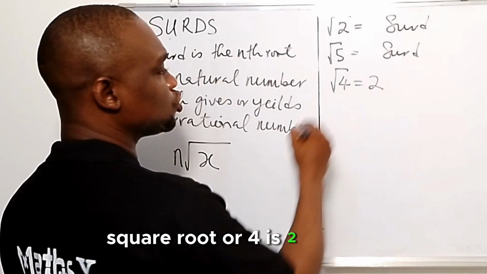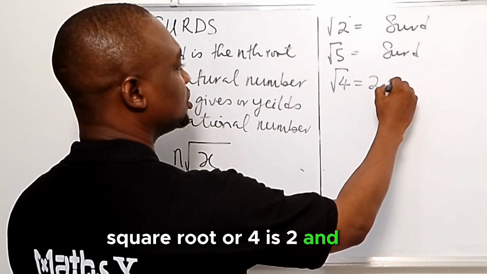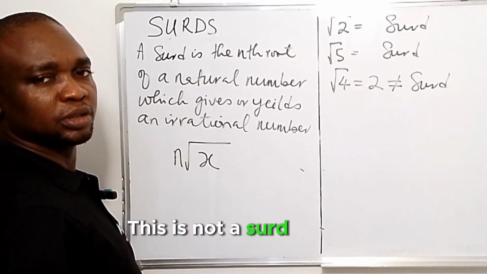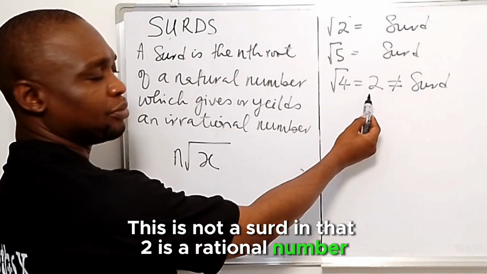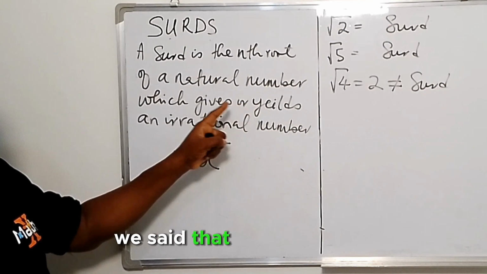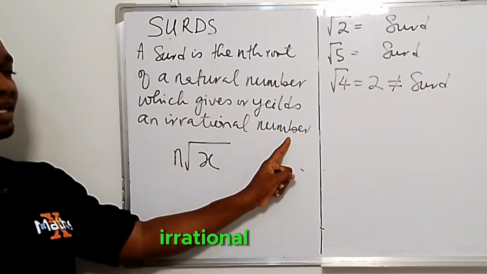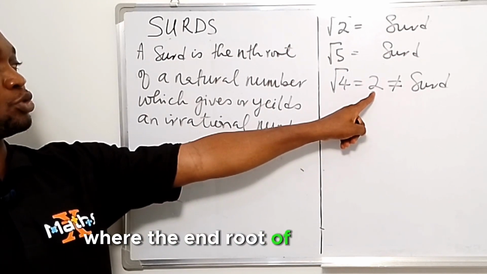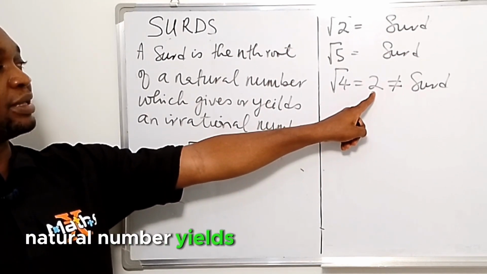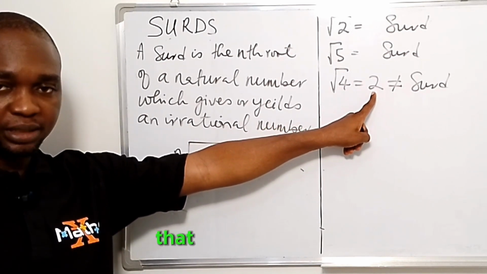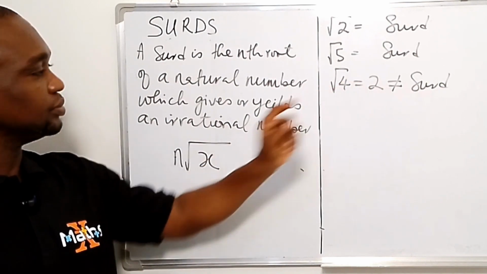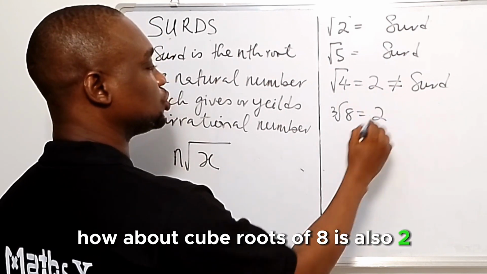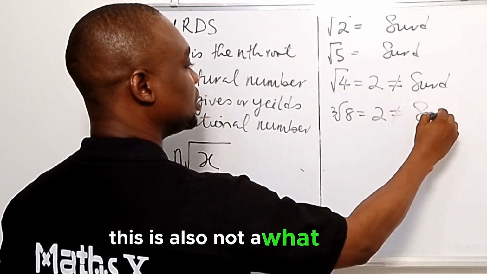The square root of 4 is 2, and this is not a surd, in that 2 is a rational number. So where the nth root of a natural number yields a rational number like 2, that is not a surd. How about the cube root of 8? It's also 2. This is also not a surd.